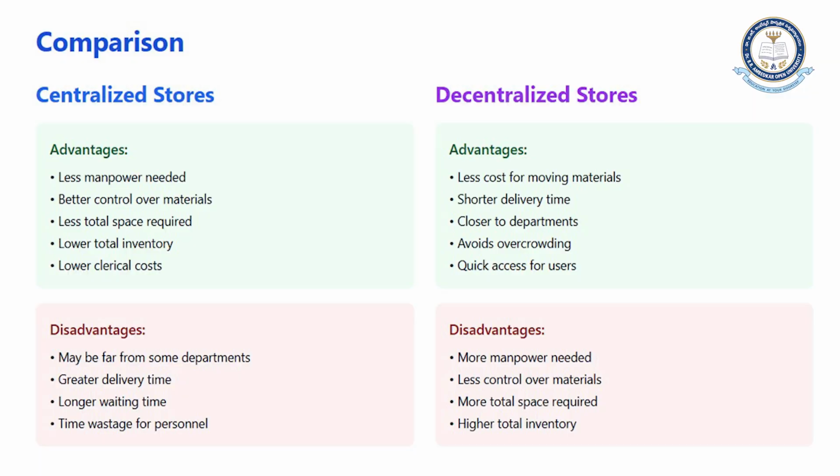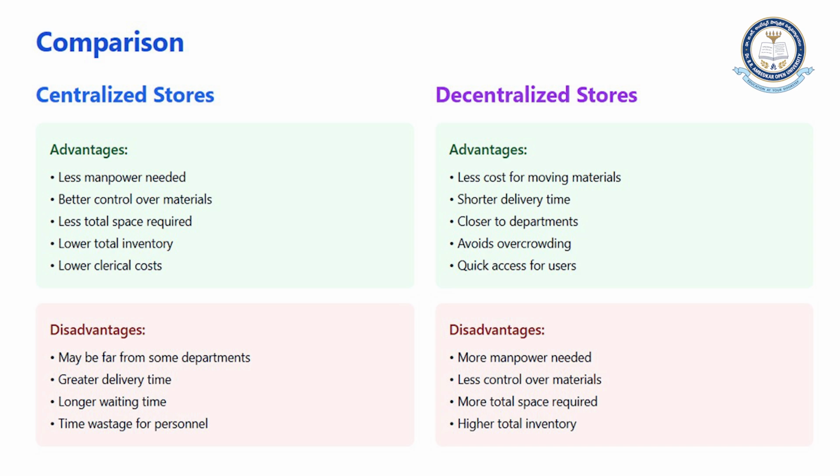Next comes comparison. Under comparison we have centralized stores and decentralized stores. When we talk about centralized stores, we have certain advantages as well as disadvantages. Even when you look at decentralized stores, similarly we have advantages as well as disadvantages. Now let's look at the differentiation and comparison between the centralized stores and the decentralized stores.